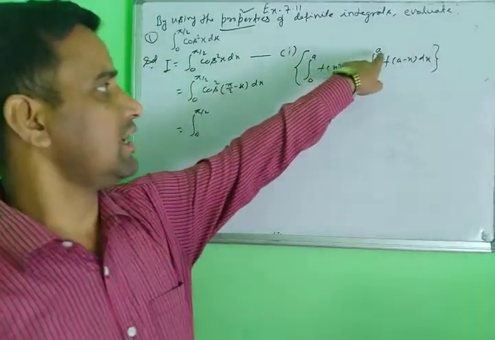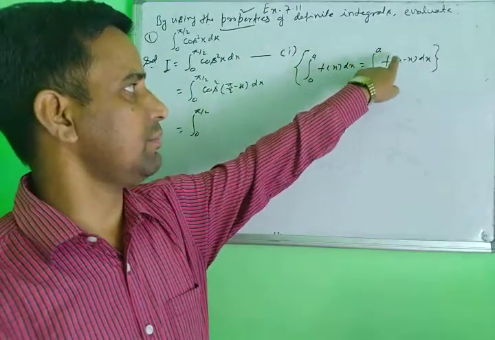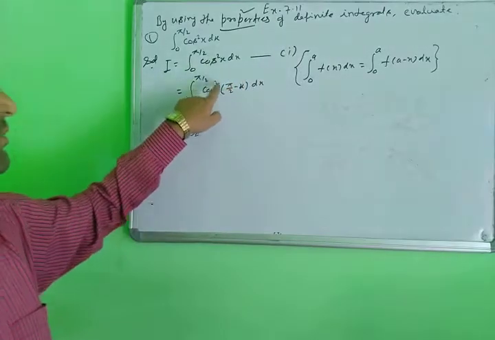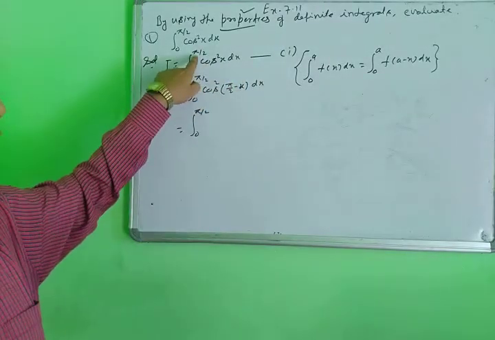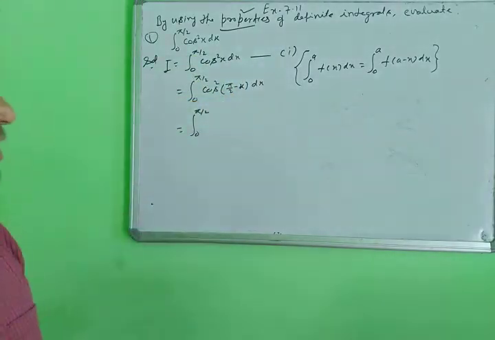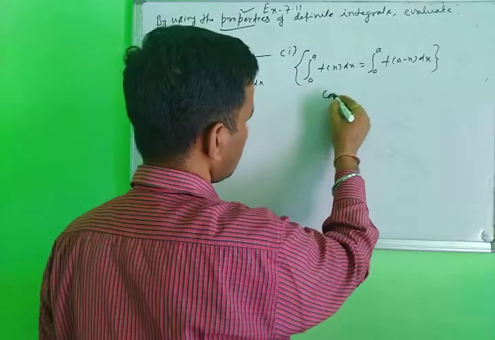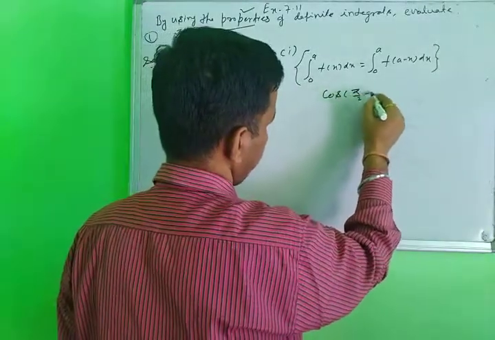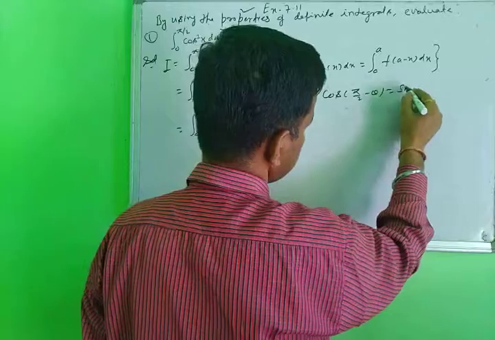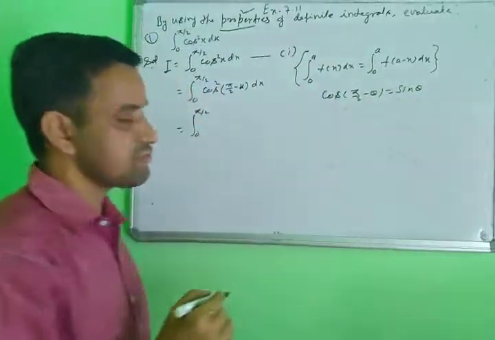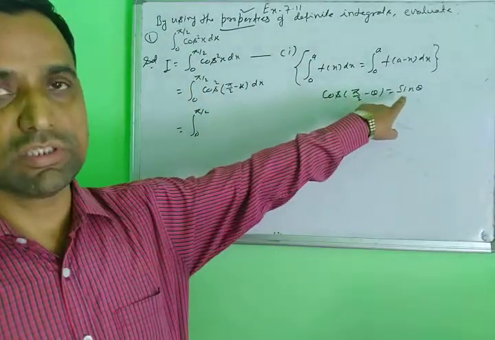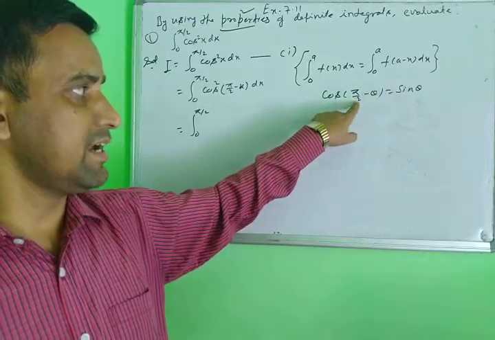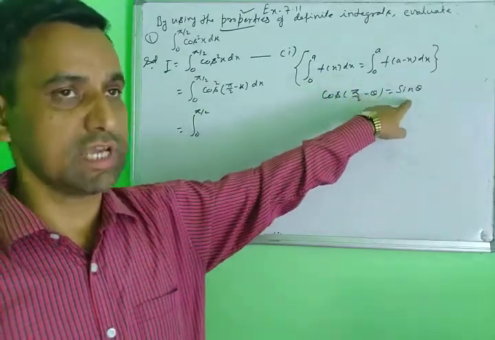What is a here? a is the upper limit, both are the same. So pi by 2 minus x, using the upper limit. You know that cos of (90 minus theta) equals sine theta, because in the first quadrant every trigonometric ratio is positive, but when written as 90 minus theta, cos converts to sine theta.